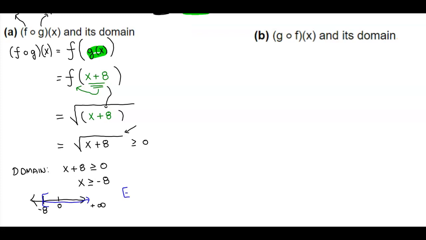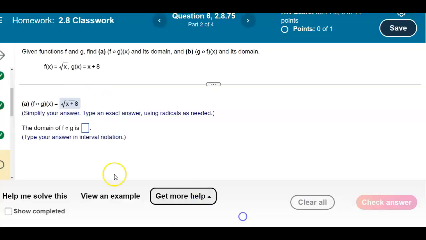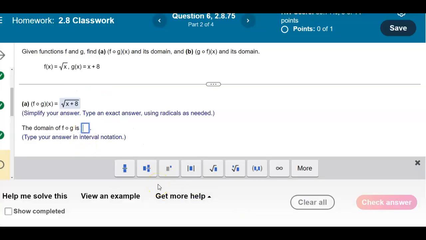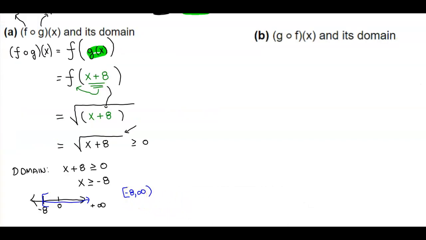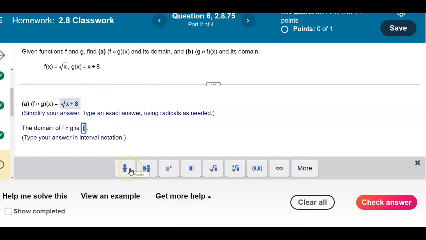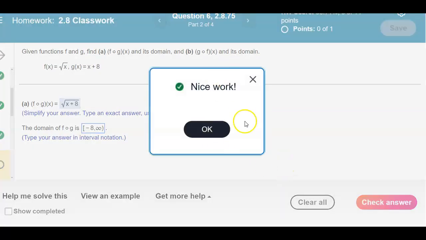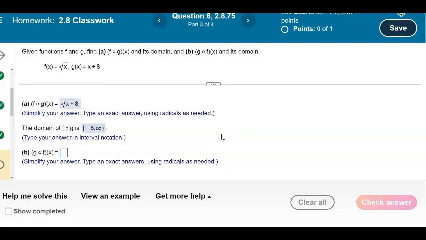Therefore the domain is bracket negative 8 towards positive infinity. Let's put that in there. So we have a bracket, and I believe again that is negative 8, comma, infinity with a parenthesis. Press enter, and there is our result.